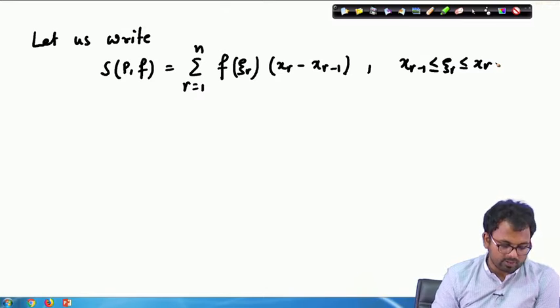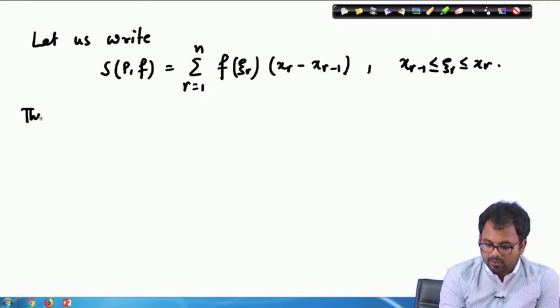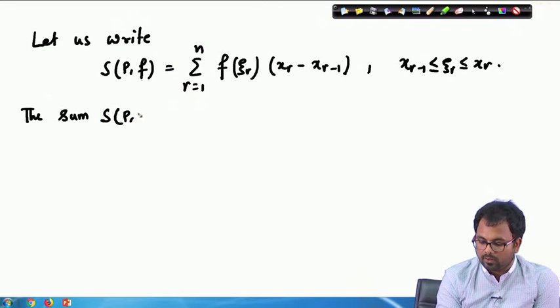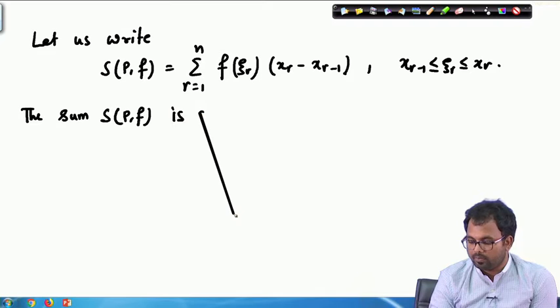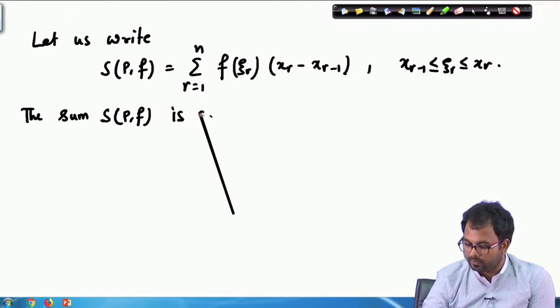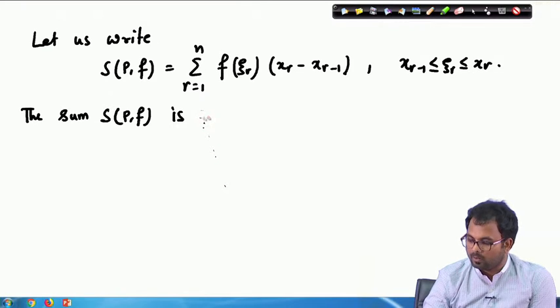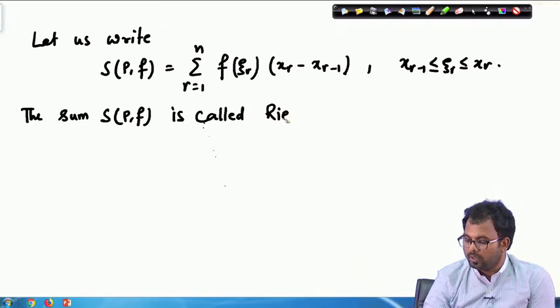This sum S P f is called the Riemann sum.